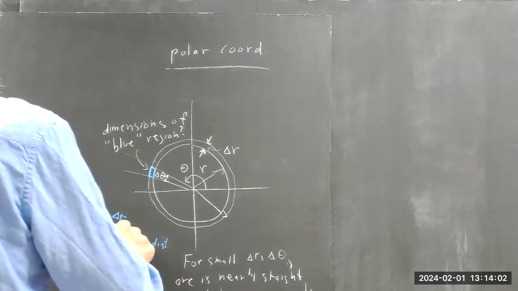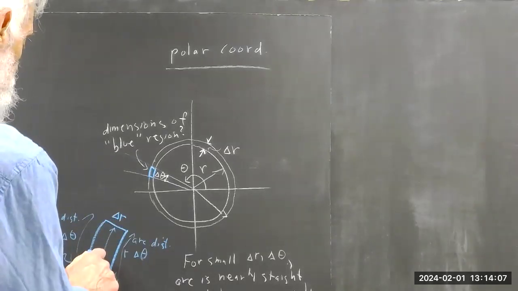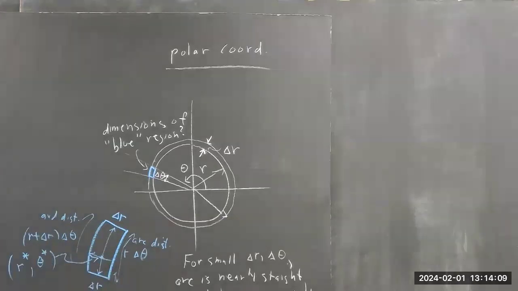And we do the arc length along here, and we do width through here. We do these two dimensions and assume a rectangle: delta R by R star delta theta.